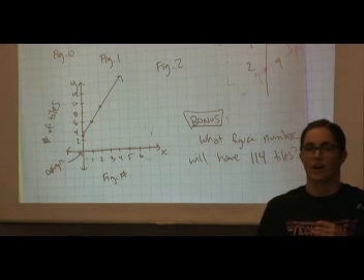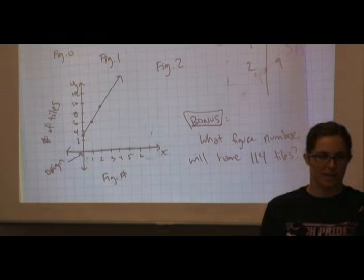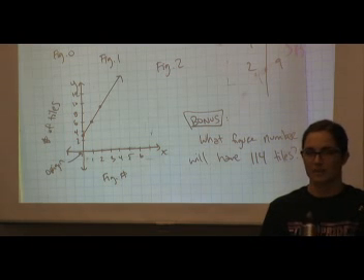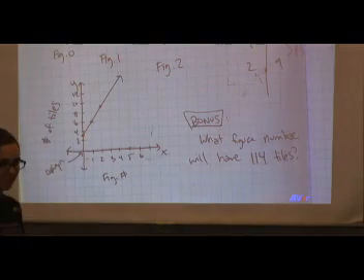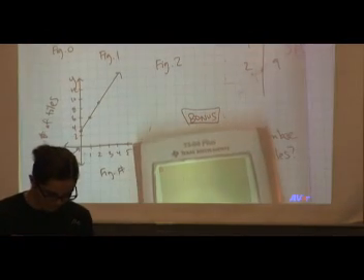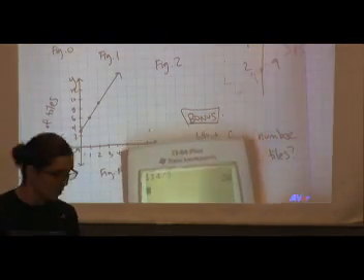114 divided by 3. 114 divided by 3 is 38. Boom. That's too easy.